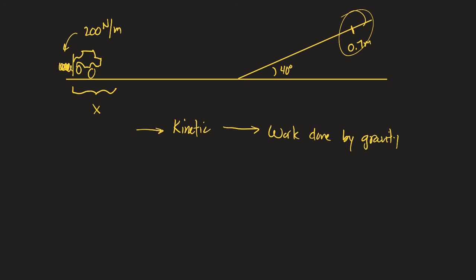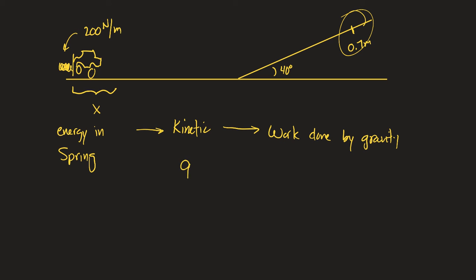But now I'm talking about a problem where I have energy in the spring, and that spring is going to do work on the car. Now, how much work does the spring have to do on the car? 9 joules, right?